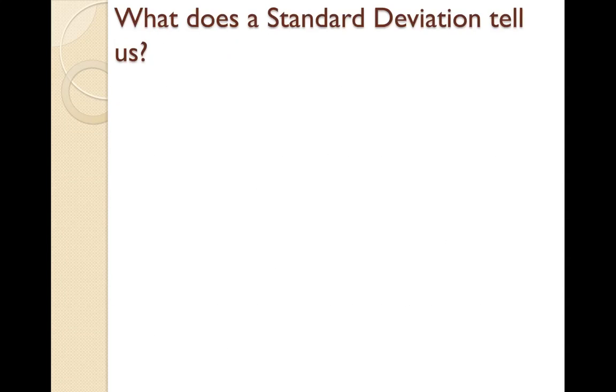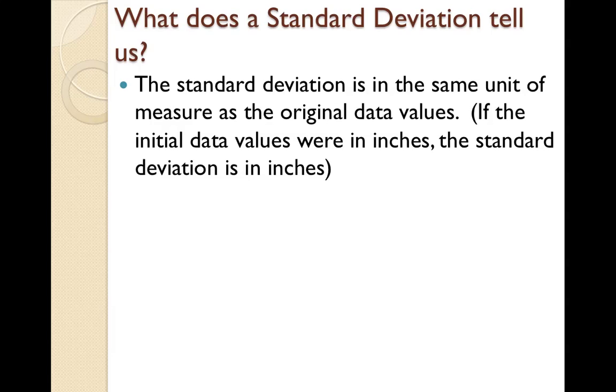So what does the standard deviation tell us? I've just gone through how to calculate it, but I've not really talked about what it means. The standard deviation is in the same units of measure as the original data values. So if the original data values were in inches, the standard deviation is also in inches.